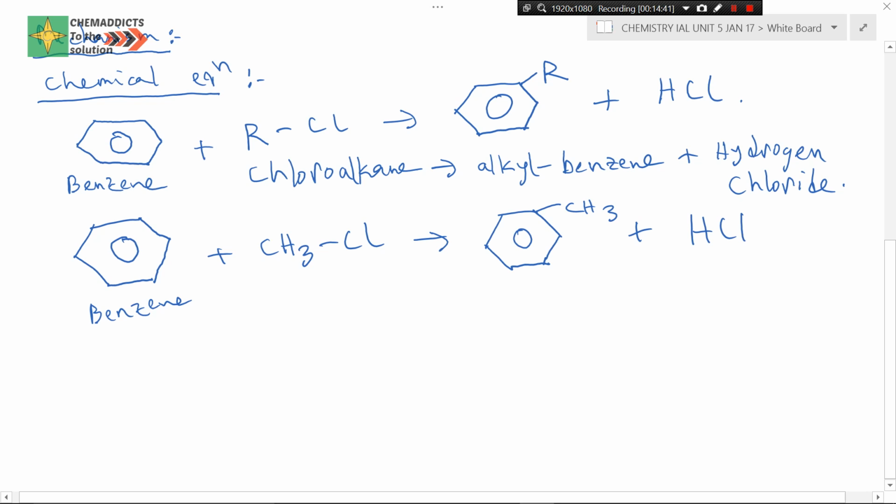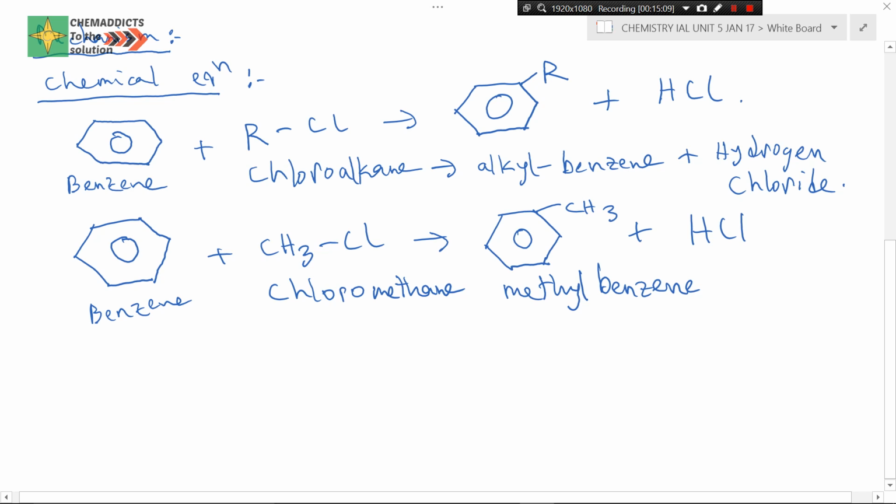So here we have chloromethane instead of chloroalkane. So in here this chloroalkane is chloromethane. Okay, clear? Hope so. So this is methylbenzene, the main product here, which is the main motive of this mechanism.